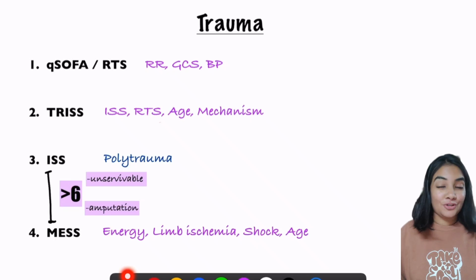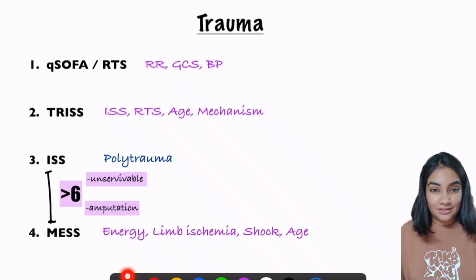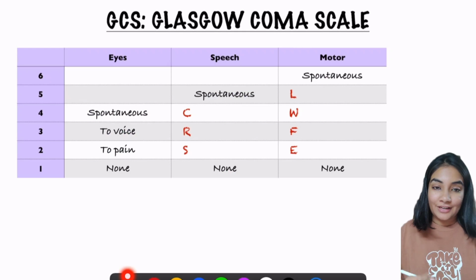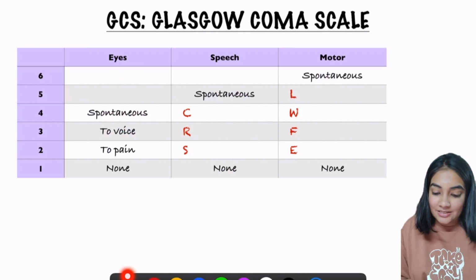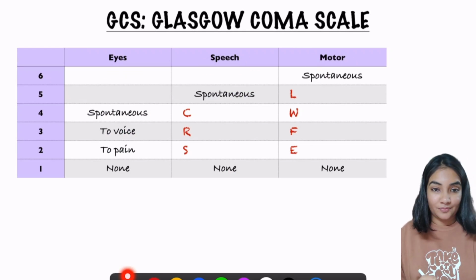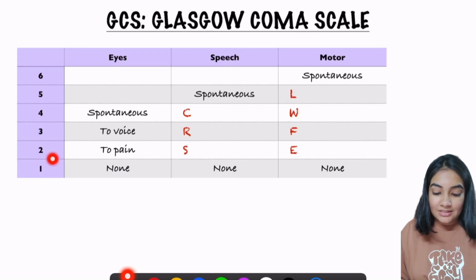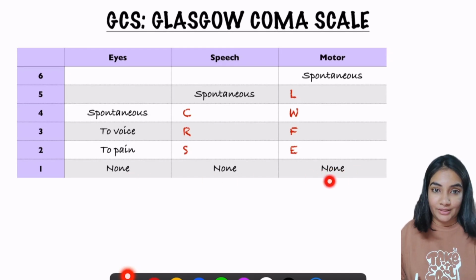Okay. Now moving on to the most important trauma score, that is your Glasgow Coma score. Here we have three components: eyes, speech and motor. Now for all of them, 1 means there is no effect, no eyes opening, no speech and no motor movement.